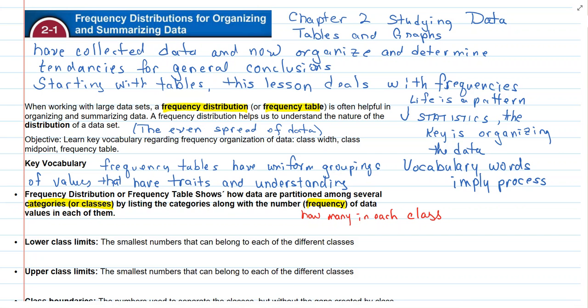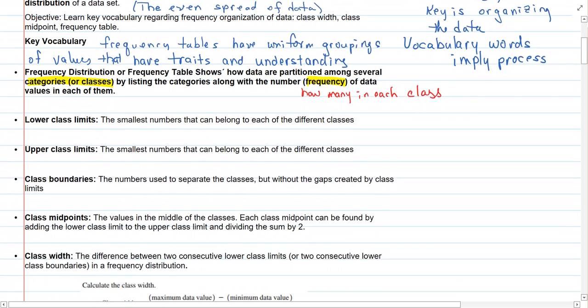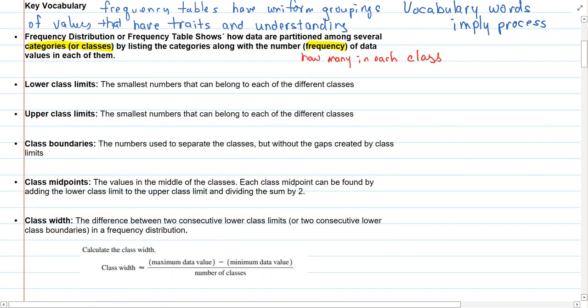So there are some things that we need to understand in the structure. And I will focus heavily on the structure as well as some mathematics. The mathematics is not difficult, but you must take good notes. That way you won't get frustrated. All right. First is the lower class limit.